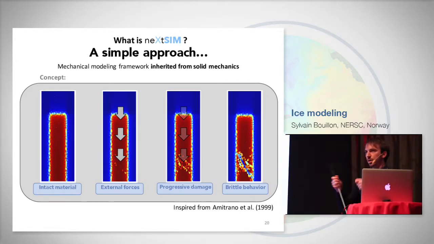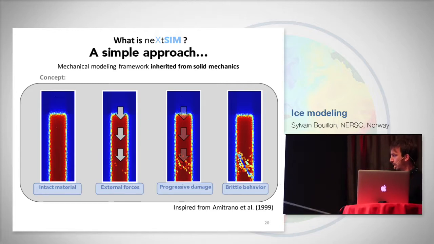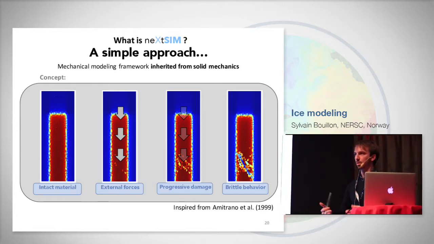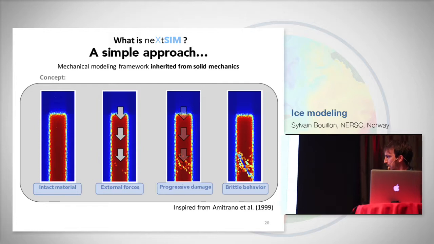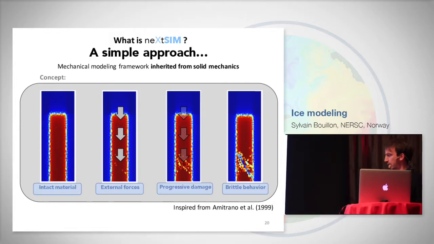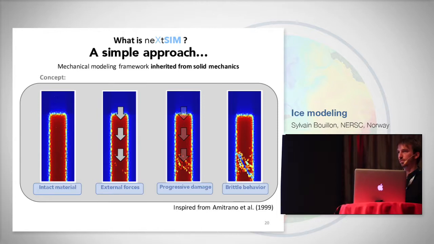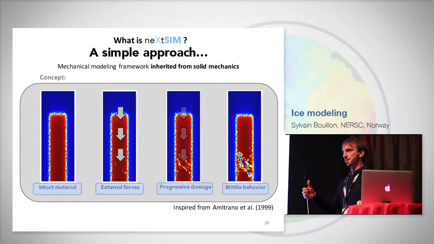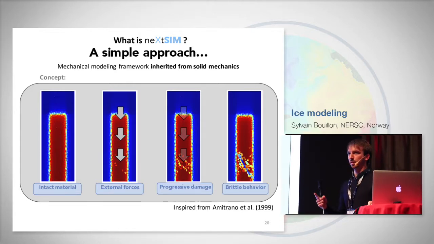Due to the interaction between all the elements, a fracture will emerge automatically from running the progressive damage. So we end up with a brittle behavior. That's what we wanted. It's a very simple model with just one additional variable compared to classical sea ice models.